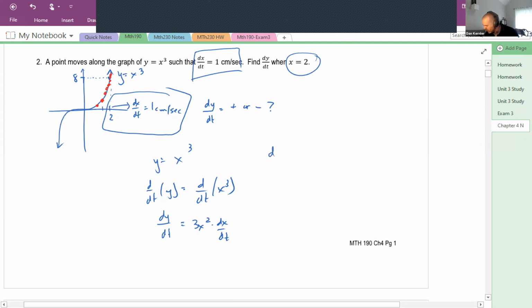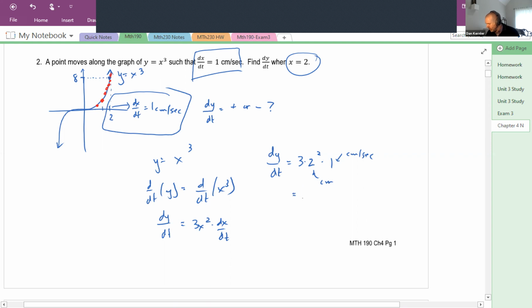So for our answer, dy dt, we're just going to plug in some stuff here. X is 2, and then y is 1, and so we'll get 12. Here we do have some units. Let me rewrite this. The 2 is centimeters. The 1 is centimeters per second.